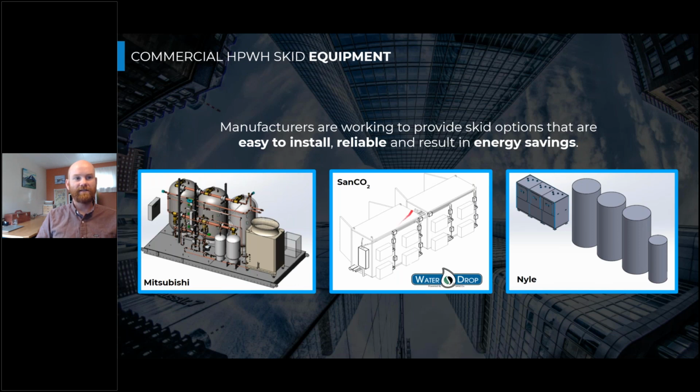And once again, this is a packaged skid solution that includes multiple heat pump water heaters connected in parallel, coupled to storage tanks that are located in these insulated closets. And then we can add another module to that to extend our heat capacity and storage volume to meet a bigger demand in our buildings.